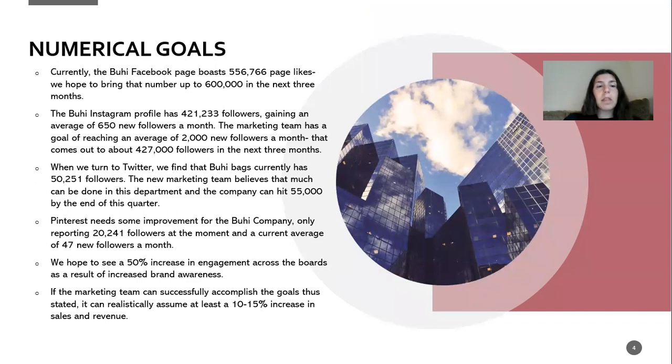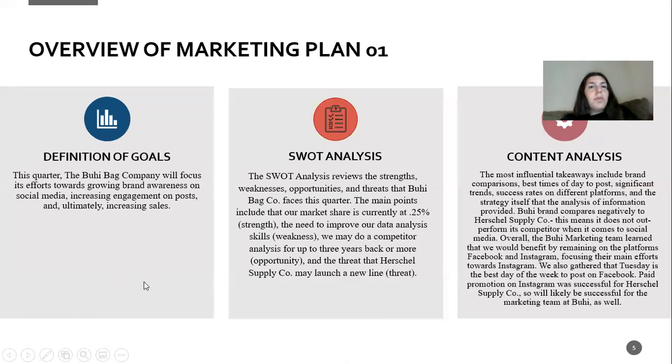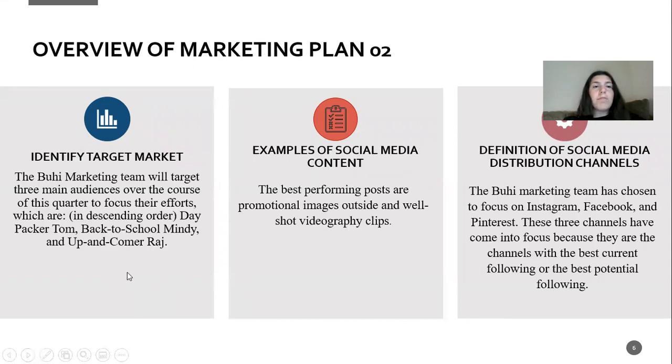So if the marketing team can successfully accomplish the goals thus stated, it can realistically assume at least a 10 to 15% increase in sales and revenue. So the overview of the marketing plan actually has 6 sections, which are the definition of goals, SWOT analysis, content analysis, identifying the target market, examples of social media content, and definition of social media distribution channels.